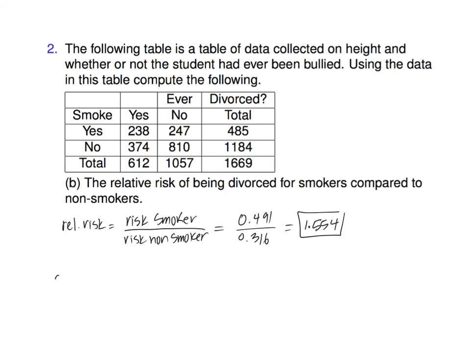So what that means is a smoker is about, around here, 1.5 times more likely to get a divorce than a non-smoker.